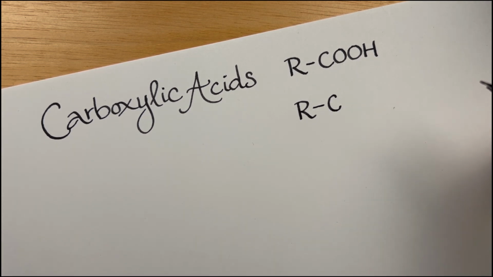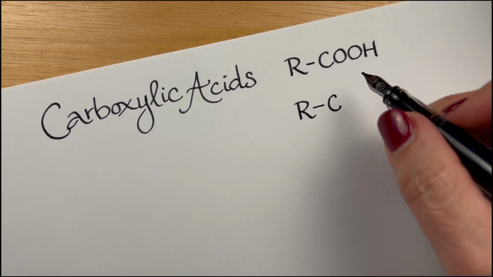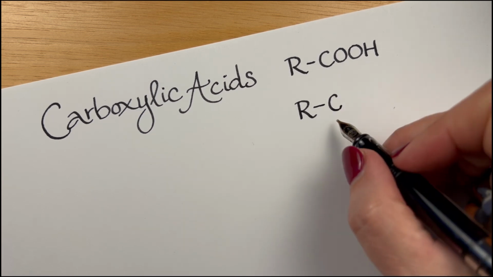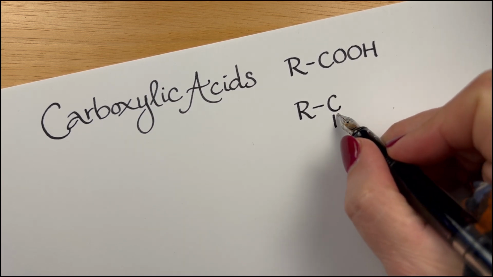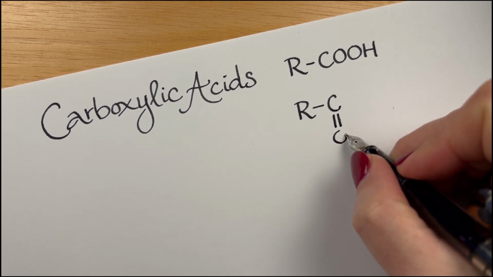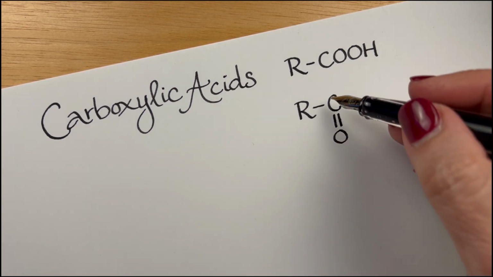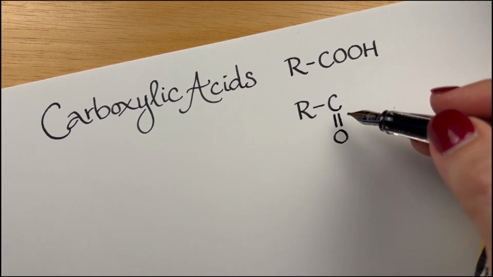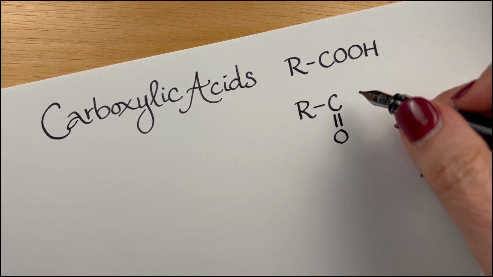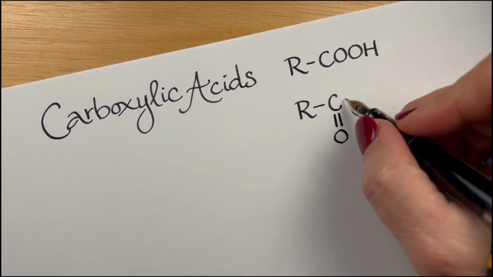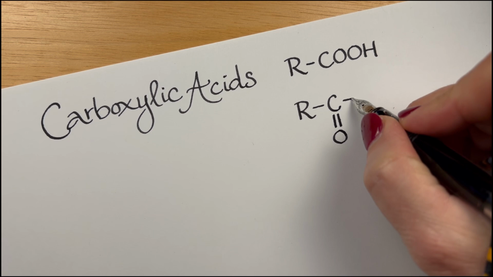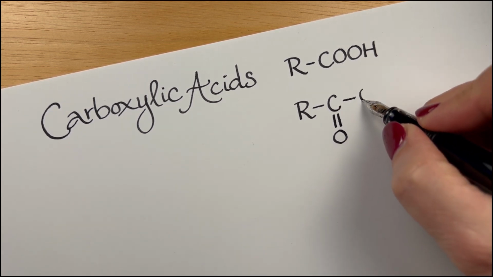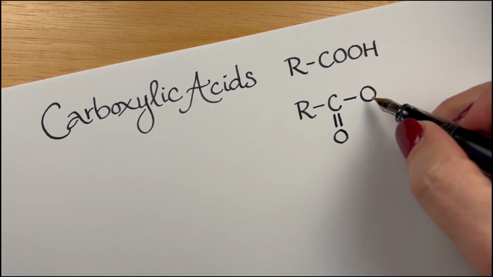Okay. So what this is saying is that we actually have this carbon double bonded to an oxygen. Now we could have drawn the double bond this way, but I didn't feel like I had enough room. It's just fine to put it in either direction. And then this carbon is then bonded to the other oxygen.